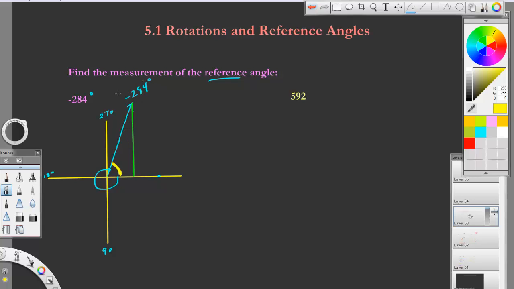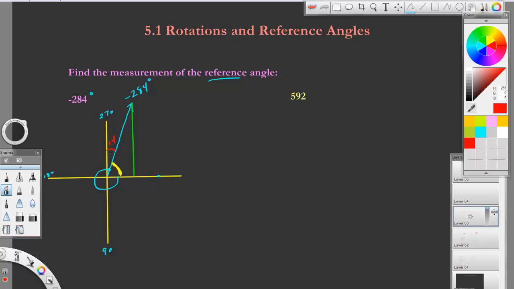Well, this is kind of tricky to try to figure out. How far past the 270 did it spin? So in other words, it spun all the way past the 270 to here. So what would this red angle be? Well, it would be 284 minus 270, which would be 14, right?